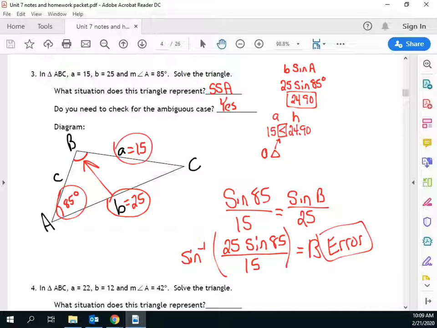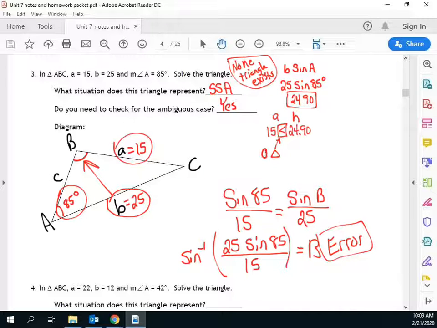Which means your answer would be, it says solve the triangle. Over here you'll say no triangle exists. It proves again the one thing we did up here. It's less than.